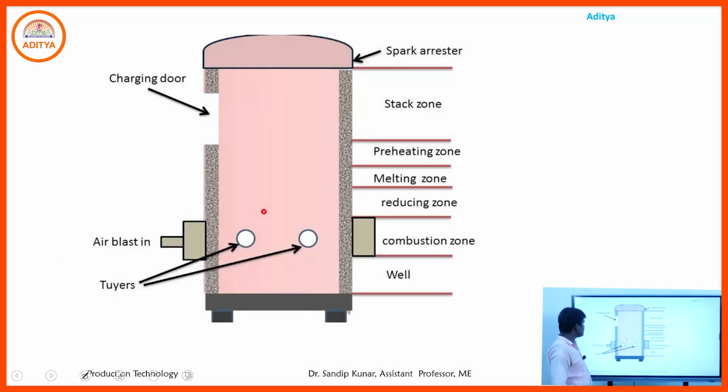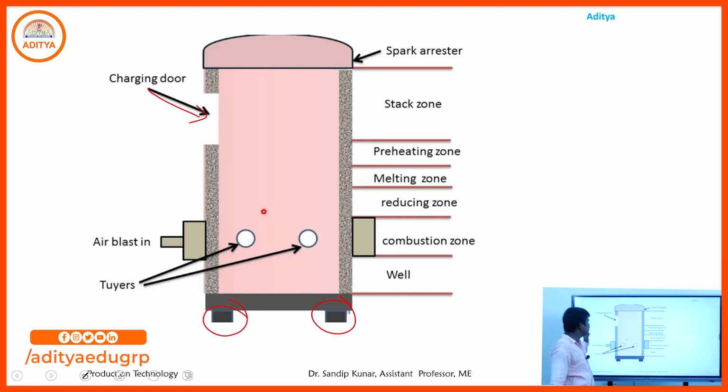Now this is a diagram of the cupola furnace. Four legs are kept for holding the cupola furnace. This is the charging door through which we enter the charge, meaning metal, flux and coke.